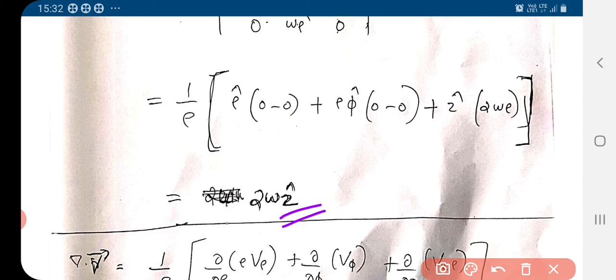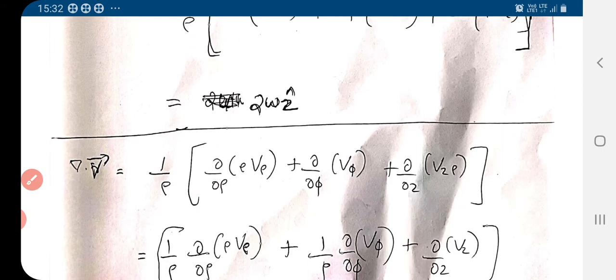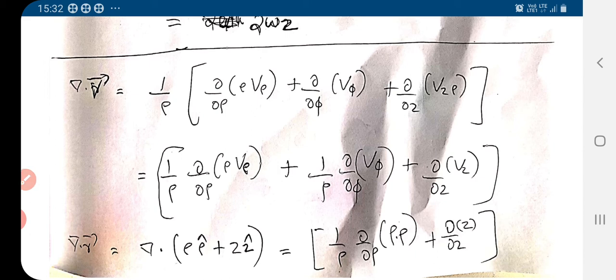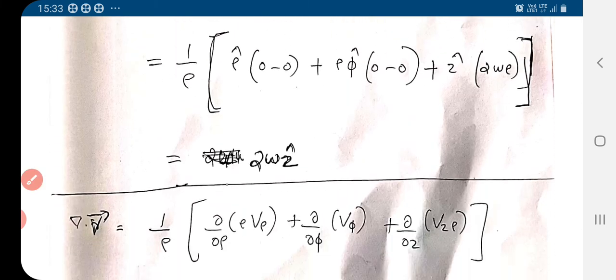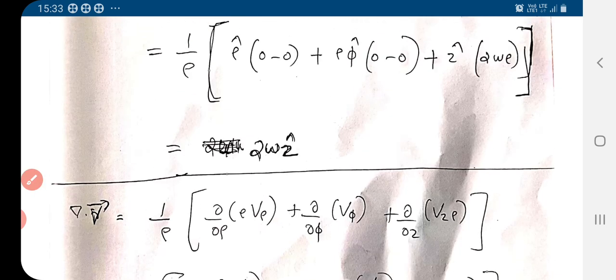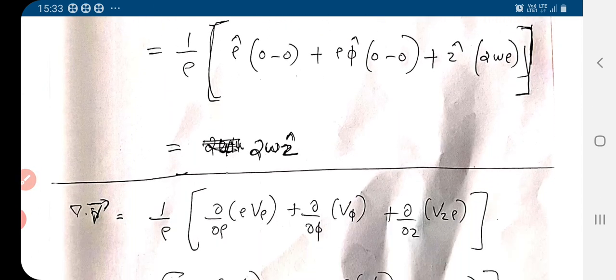So this is our del cross V. Then what is del dot V? We have this expression for divergence. We substitute. We need to find del dot R, not del cross.